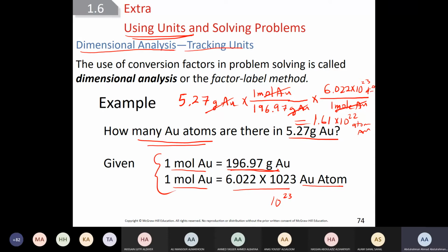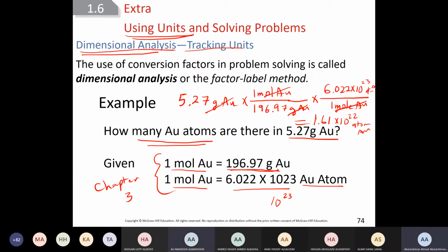This problem you will get in chapter 3. You don't know the meaning of mole at this time, or of this number, Avogadro's number, but you are solving a problem using conversion factors. You should be able to solve problems sometimes without knowing what's going on. Is this clear?